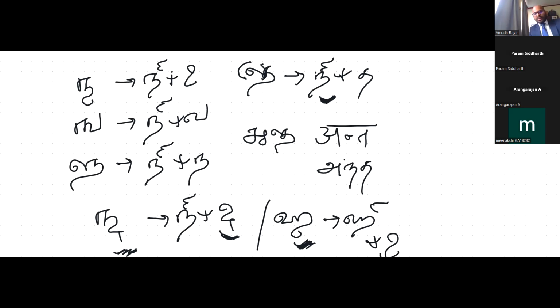Both are correct, right? And everything else that's not written side by side, you can just write it below one another.